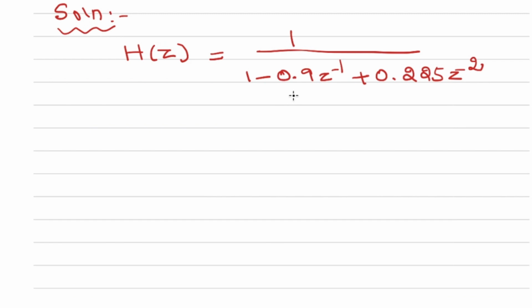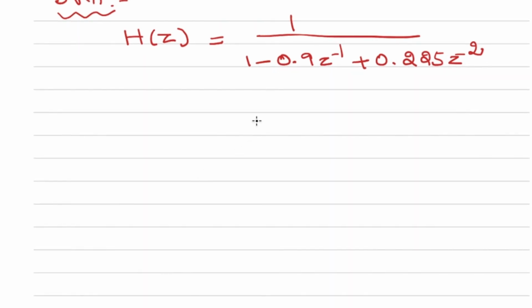Let's consider the first coefficient, 0.95. We are going to convert this 0.95 to binary. So how will you convert this 0.95 to binary?